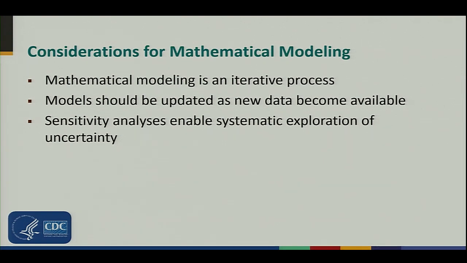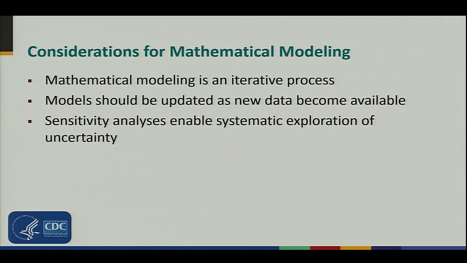Before we dive into the two models, I'd like to outline some considerations for mathematical modeling. Mathematical modeling is an iterative process based upon the best available data at the time models are developed. Models should be updated as new data become available, as sensitivity analyses also enable a systematic exploration of uncertainty.